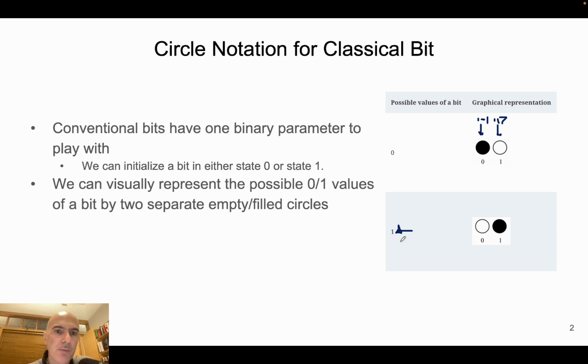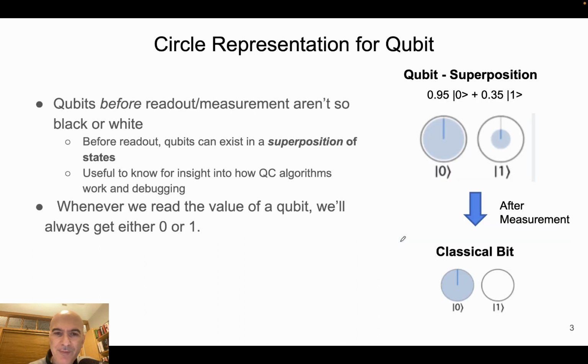You might ask yourself why we use the circle. Well, the answer is in the next slide. The reason is that we want to use circle notation to represent superposition in the quantum system. This also means that there is a certain probability to find the system in the state 0 and a certain probability to find the system in the state 1 after the measurement.